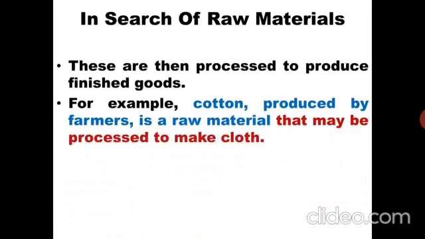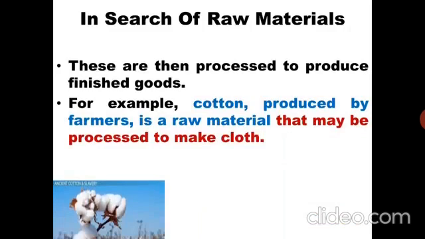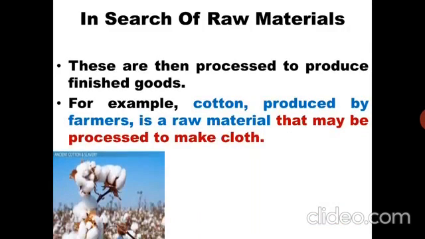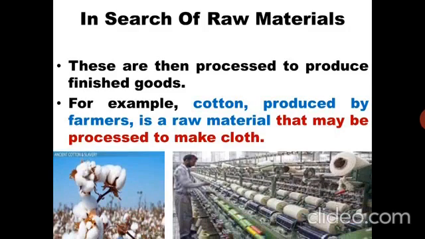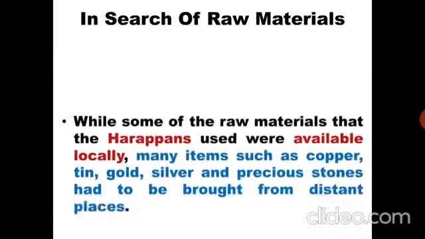For example, cotton is produced by farmers, and cotton is a raw material that may be processed to make cloth. Now you understood what raw materials are?